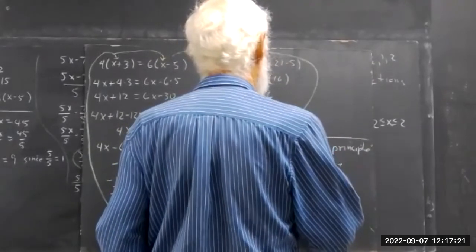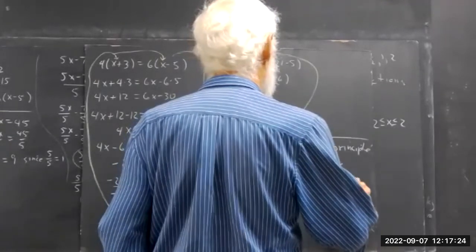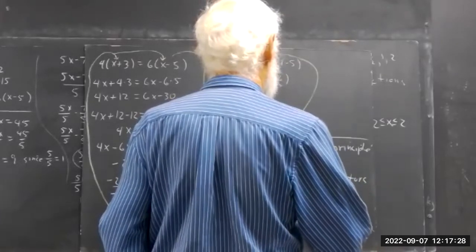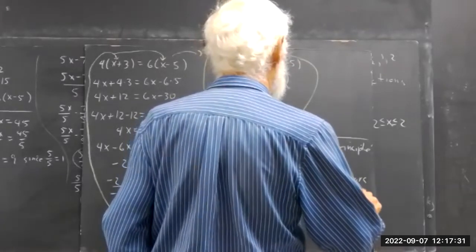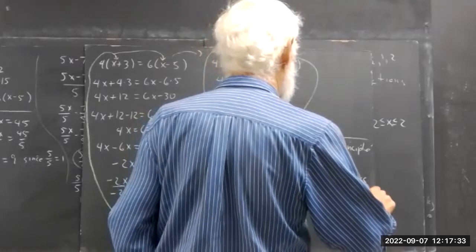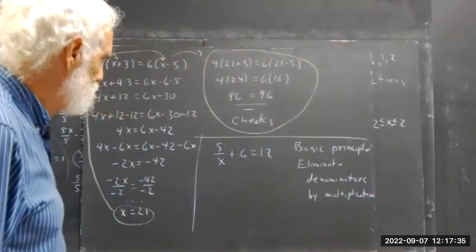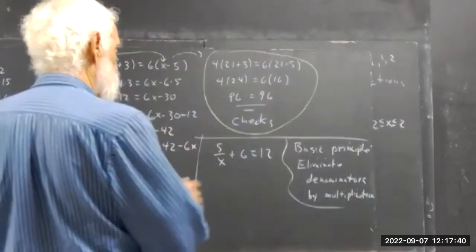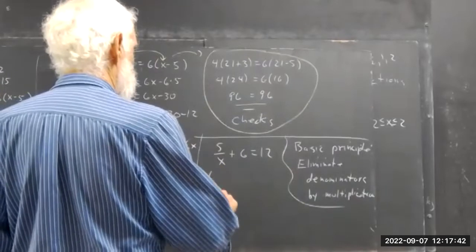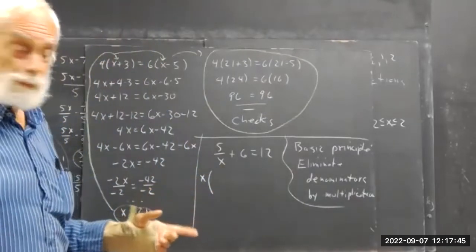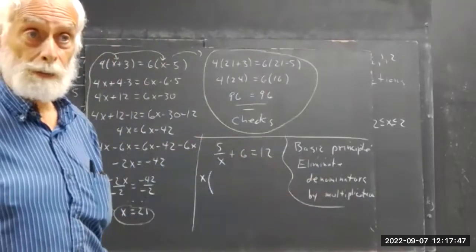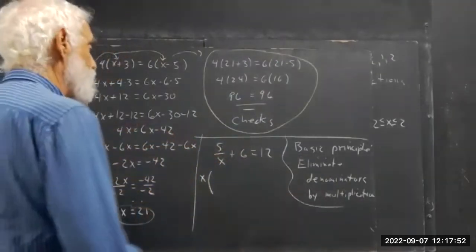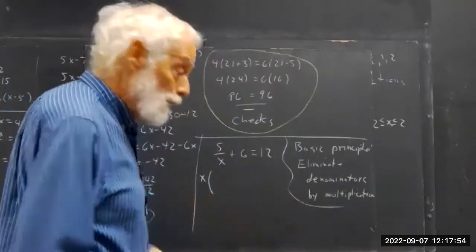Eliminate the denominator by multiplication. Well, all I have to do here is to multiply by x. X is a denominator. If I've got a denominator, and I multiply both sides by that denominator, it's going to go away. There's x in the denominator.